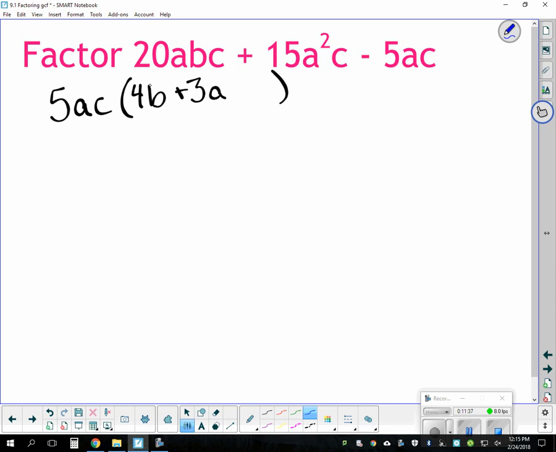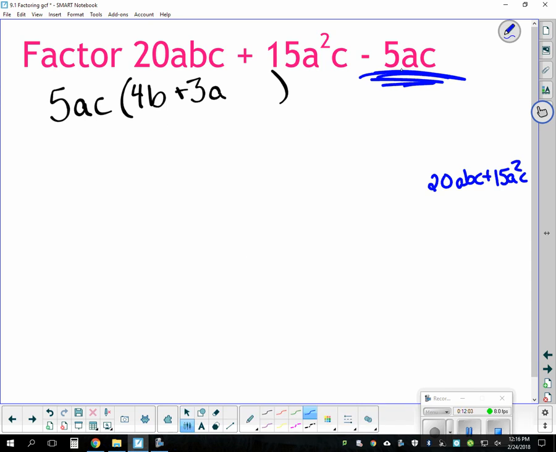If I were to multiply this back out, scratch work off to the side, I would get 20abc plus, now I'm going to distribute here, 15a squared c. Is that what my original problem was? No, I never got this part right. So you can't just say it's nothing. If the whole thing factors out, remember you're doing division.